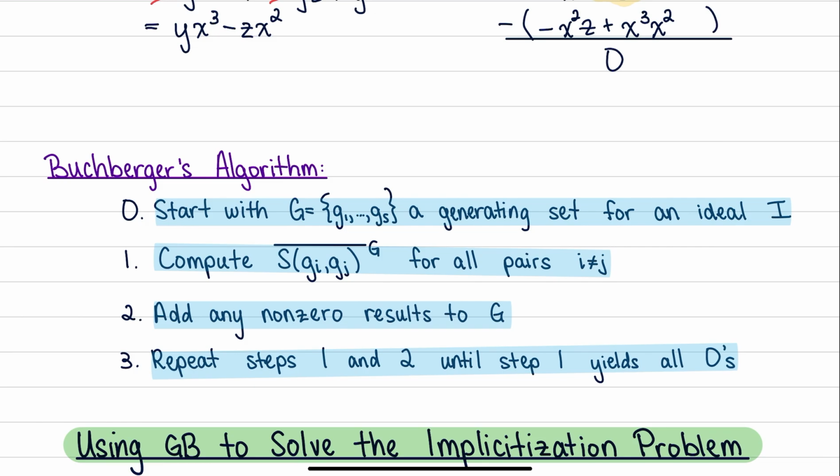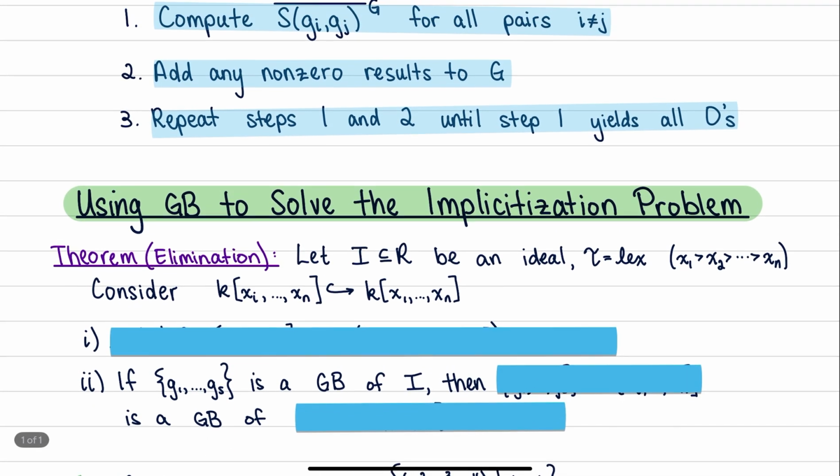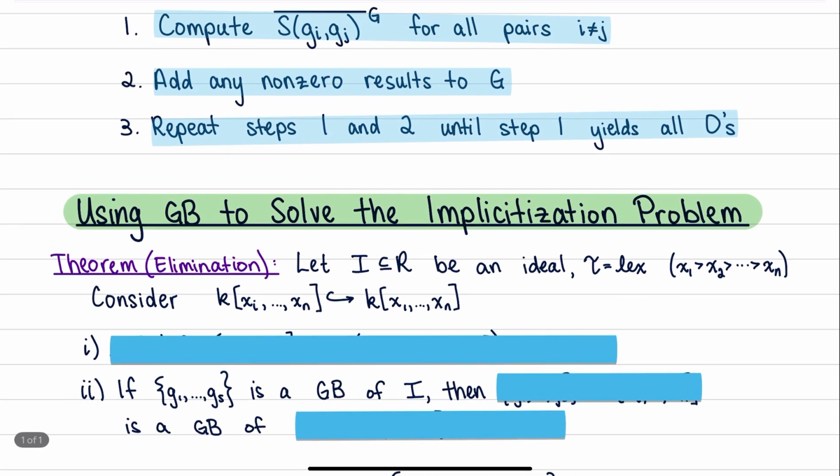Okay, now we know how to make a Gröbner basis. Let's make one and solve a problem with it. In the last section, we're going to talk about how to solve the implicitization problem, and we're going to need one more theorem to make that happen. It's called elimination. For this theorem, we're going to take an ideal, and instead of fixing your favorite monomial ordering, you're going to pick my favorite.